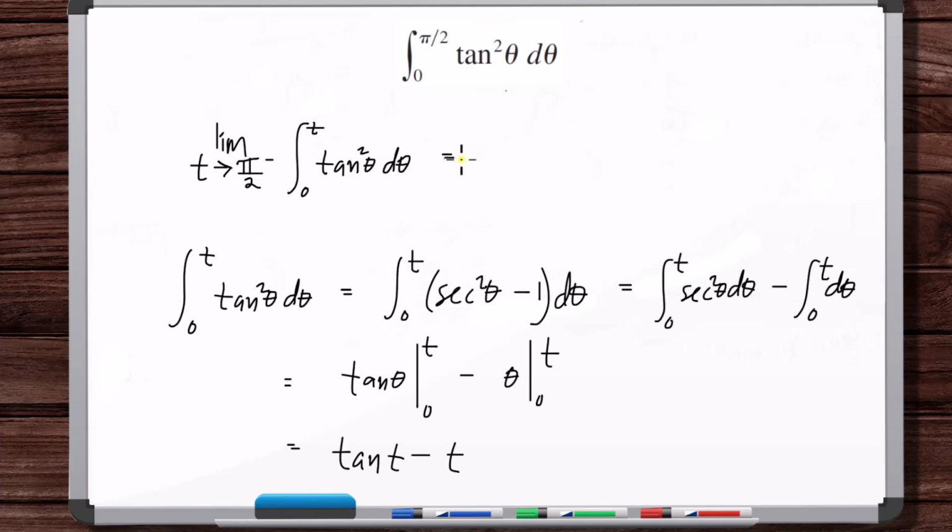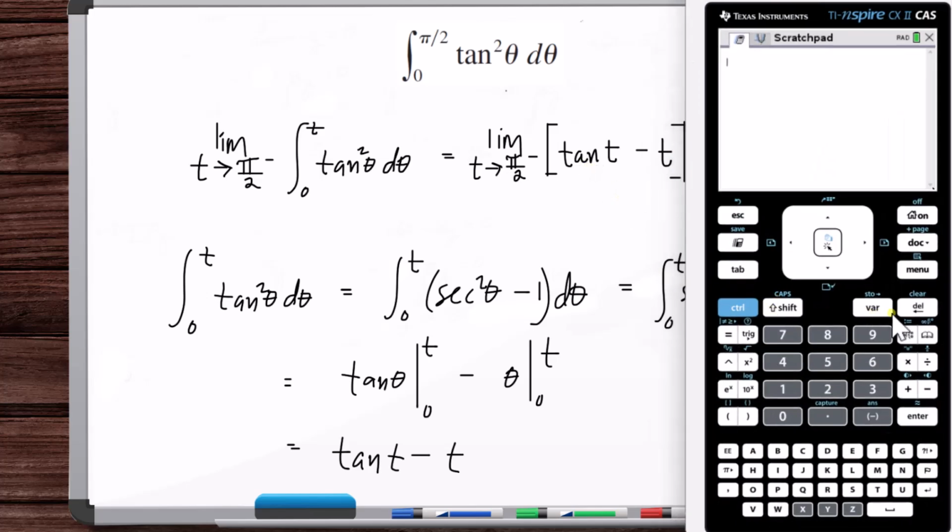Okay, so what we've got is the limit as t approaches pi over 2 from the left of tangent of t minus t. And so this should be positive infinity as tangent of t approaches pi over 2 from the left.